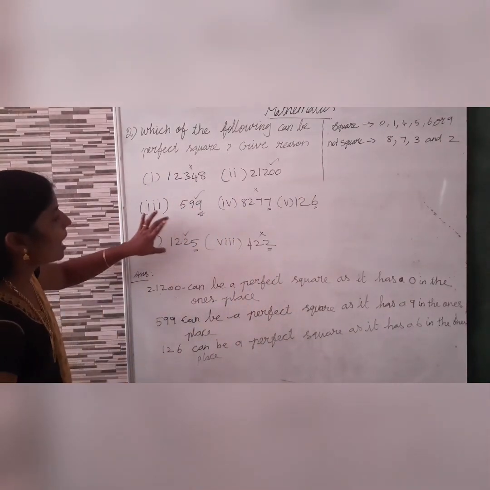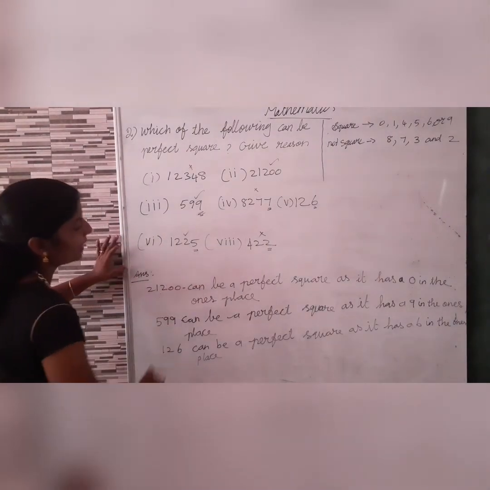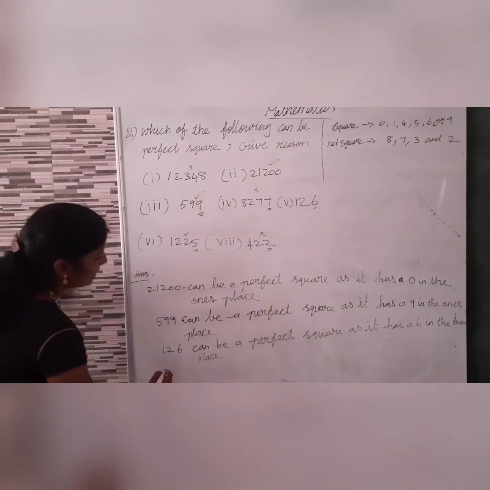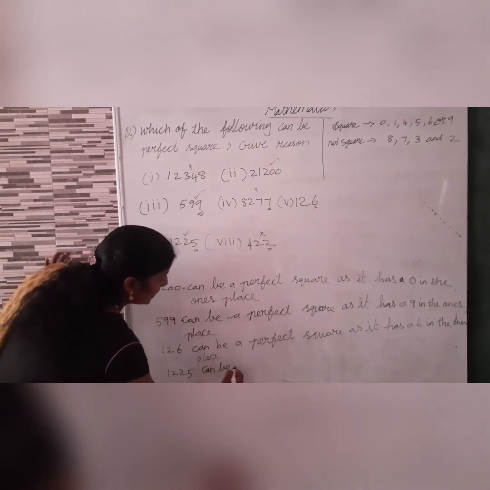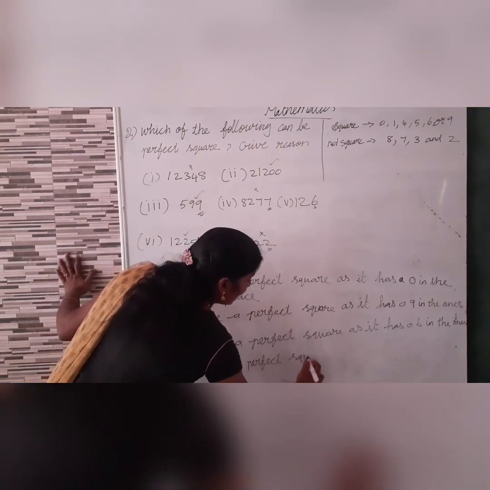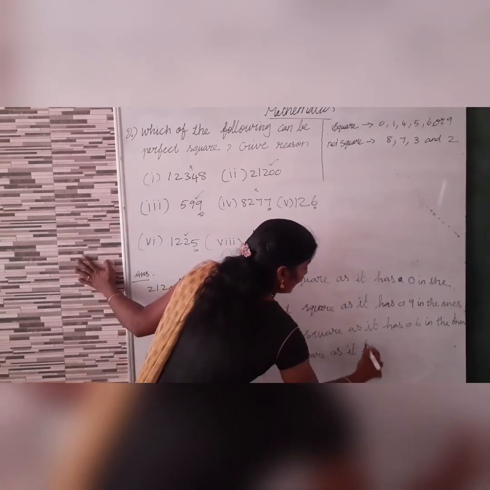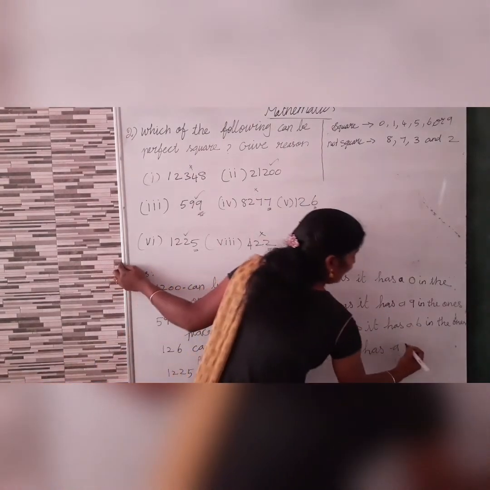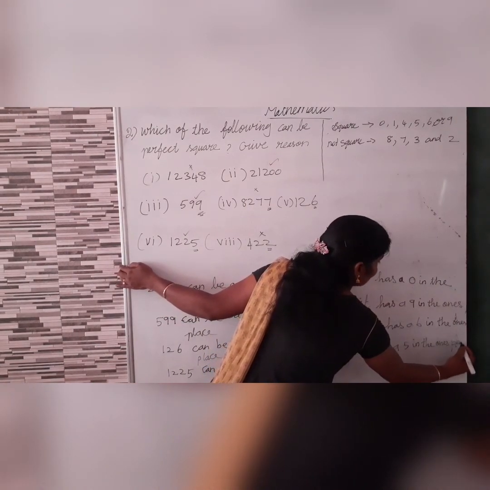So we can write, 1225 can be a perfect square as it has a 5 in the ones place.